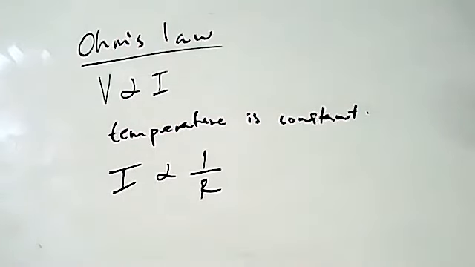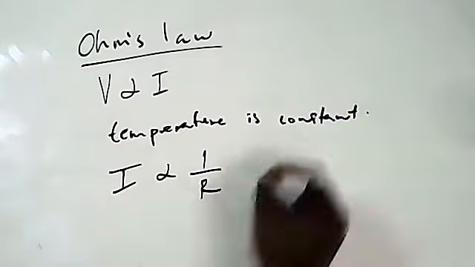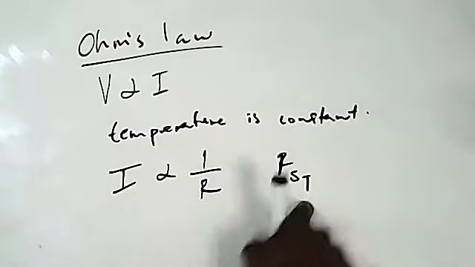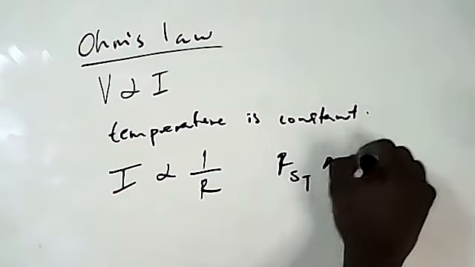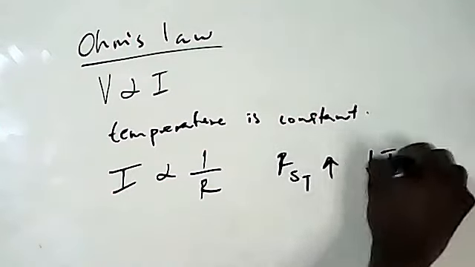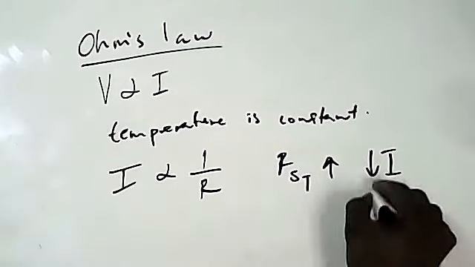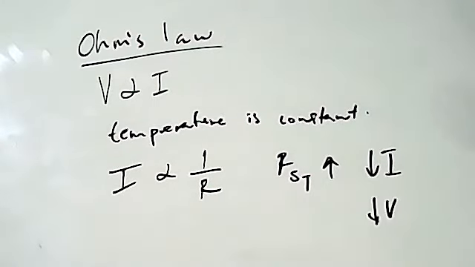So meaning that if you have resistors connected in series and you increase the resistors, the total resistance in series will increase, but the current will decrease. And since the current is directly proportional to the voltage, the voltage will also decrease.